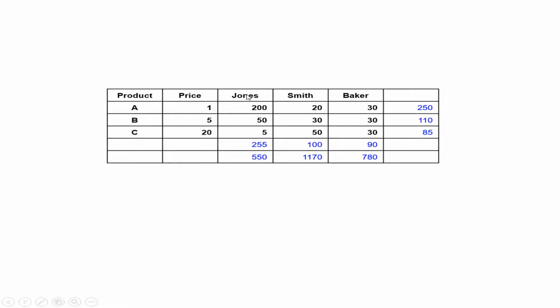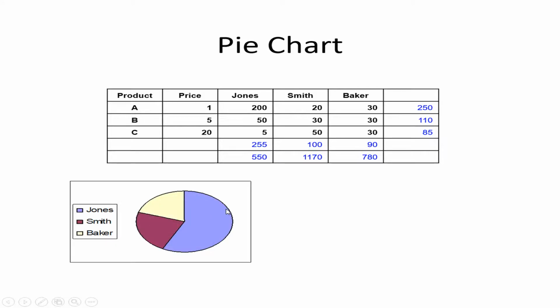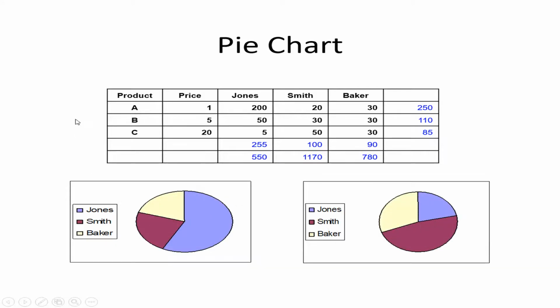We want to show how these three investors are sharing the market. Therefore, in this particular case, we are having parts of a whole. This is why we choose a pie chart. Now we have two pie charts here, one to the left and one to the right. Again, the same puzzle. Which one represents the data better?